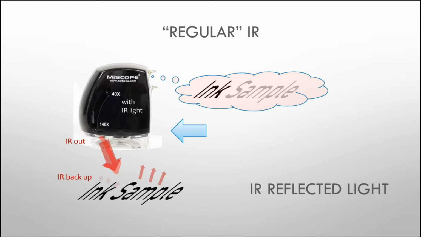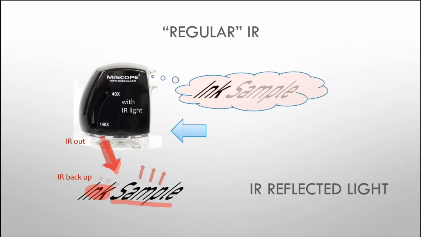So if part of the ink actually absorbs or collects up that light, then less of the light will then shine back. Whereas if a different part of the ink is basically transparent, the infrared goes right through and bounces off the paper, then a lot more of it will go back through.